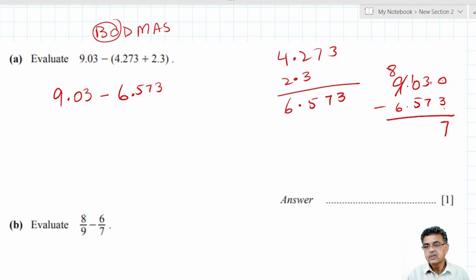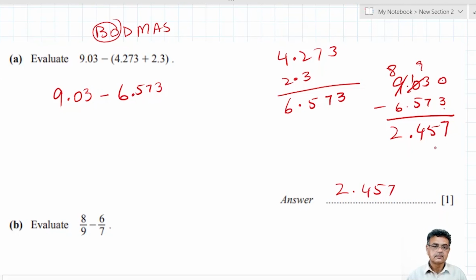Now borrowing 1 from here, that will be 12. 12 minus 7 is 5. This 10 will become 9. 9 minus 5, 4. And 8 minus 6, 2. So the answer is 2.457.